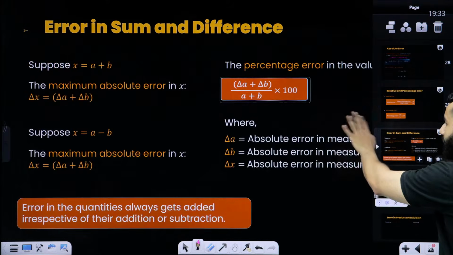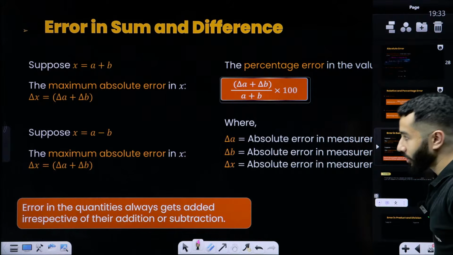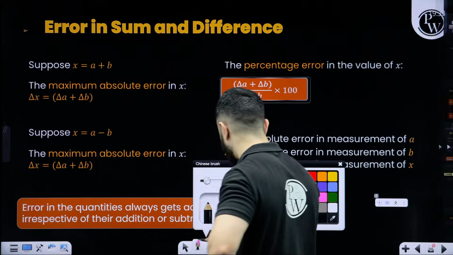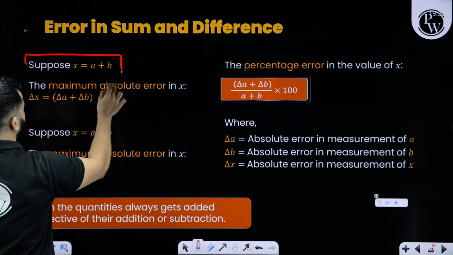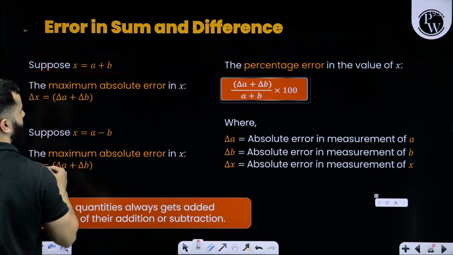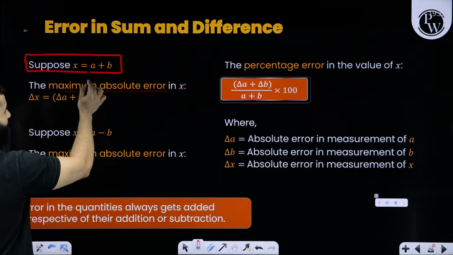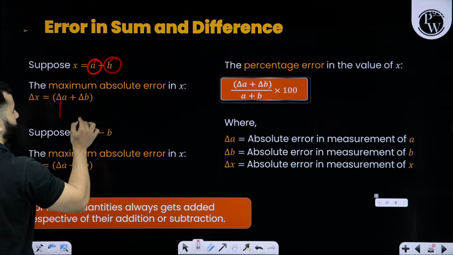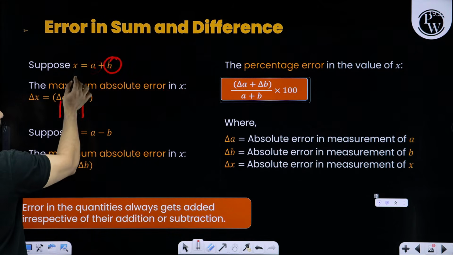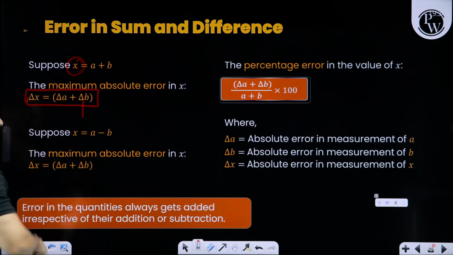Done. Now please see error in sum and difference. When we talk about errors in sum and difference, pay attention. Let's suppose you have got two quantities and you are adding A plus B, and the maximum absolute error in A is delta A, maximum absolute error in B is delta B. So maximum error in X is going to be delta A plus delta B. Got it?